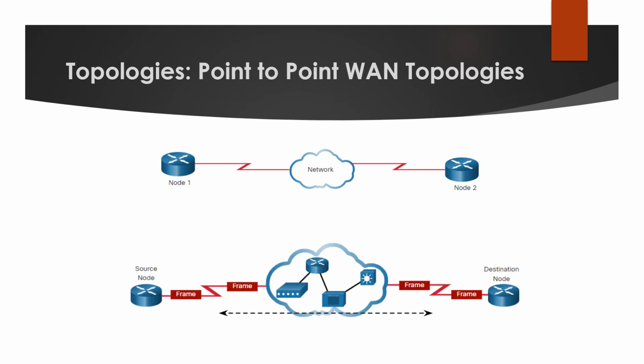However, the use of physical devices in the network does not affect the logical topology, as illustrated here. Adding intermediary physical connections may not change the logical topology. The logical point-to-point connection is the same.